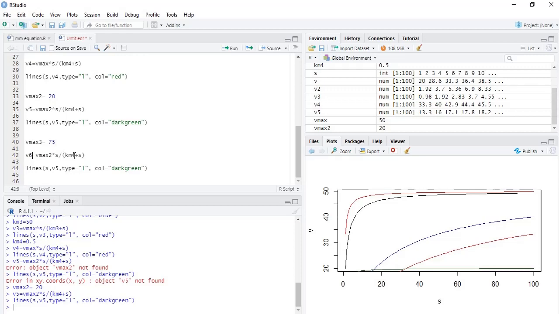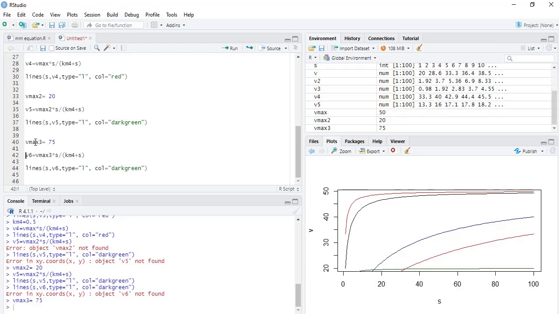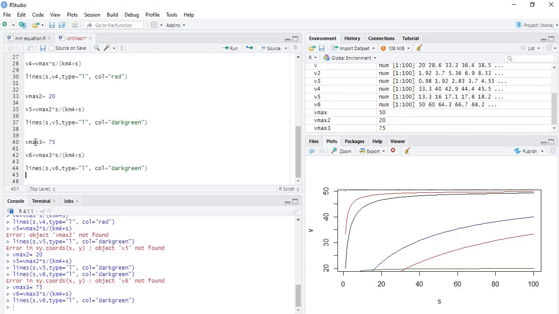Then Vmax 3, here in the line the y value will be V6, and we'll run that to see the effect. And V6 not found, we forgot to run it again. That Vmax 3, we'll run this, and we'll run this, and that's not there in the plot because that has gone beyond this plot range.